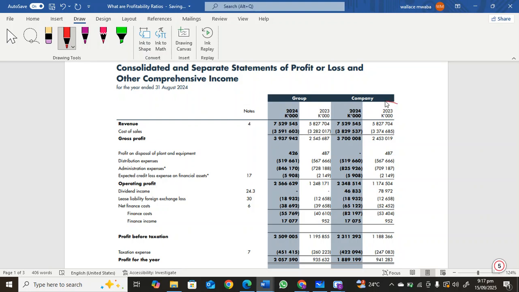We'll pick the year 2023. We can see our gross profit for 2023 is 2,453,019 kwacha, and our sales revenue is 5,827,704 kwacha. So we're just going to divide these two.